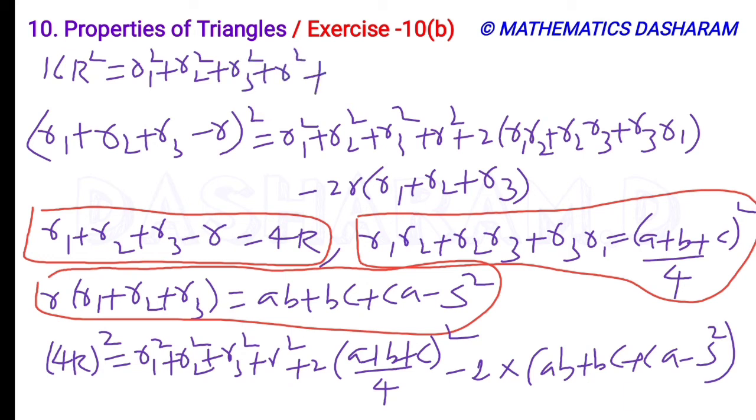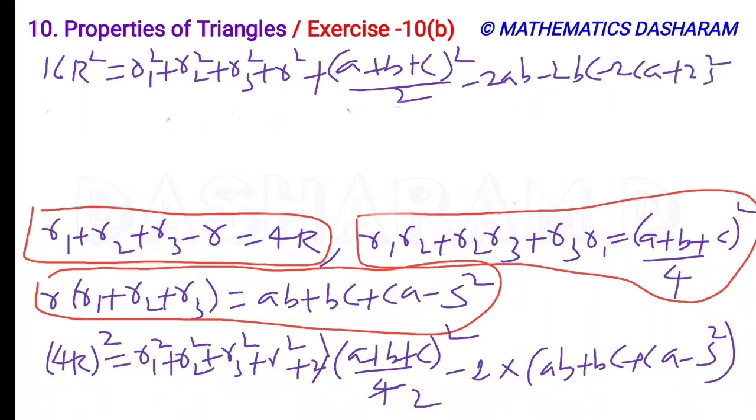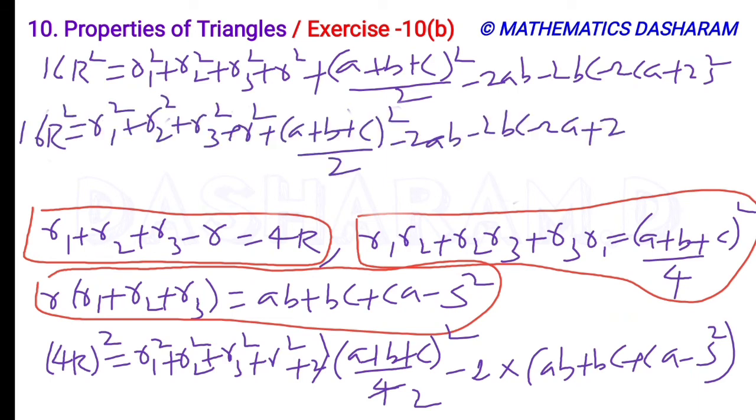Next, plus 2 ones are 2, twos are, then a plus b plus c whole square divided by 2, next minus 2ab minus 2bc minus 2ca, minus into minus plus 2s square. So 16r square equals 2 into, we know the s formula, that is a plus b plus c by 2, whole square.